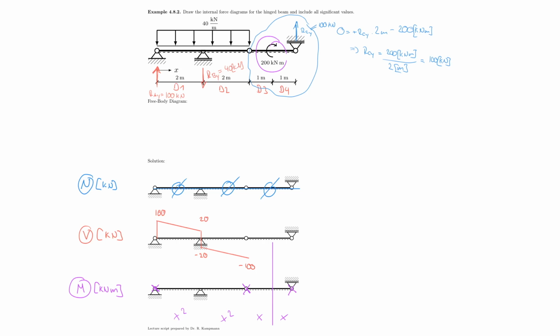Nothing has to change. Even though there's a moment, nothing changes. There's a concentrated moment at x equals 5 meters, but it cannot change. And this also allows me to use RCY to bring it back to 0, which is really our goal here. So we already completed the shear force diagram.